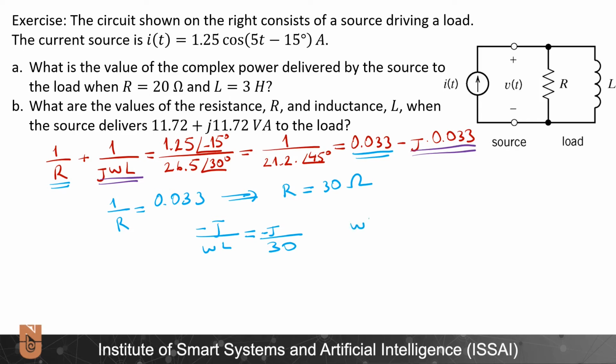From here I get ωL is equal to 30. Omega is 5, and therefore L is equal to 6 henries. So I found the values of R and L for the complex power of 11.72 + j11.72 volt-amperes to be delivered to the load, which consists of a parallel R and L branch.